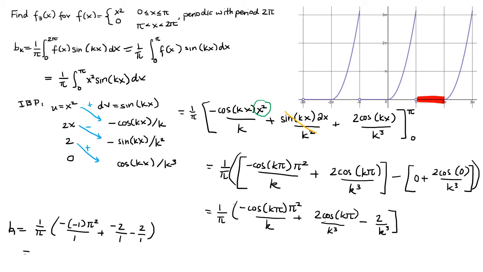Okay, so the first term we end up with is 1 over pi times pi squared minus 4, which we can simplify down to being just pi minus 4 over pi.